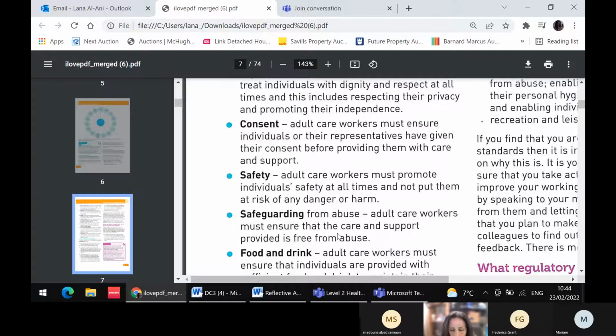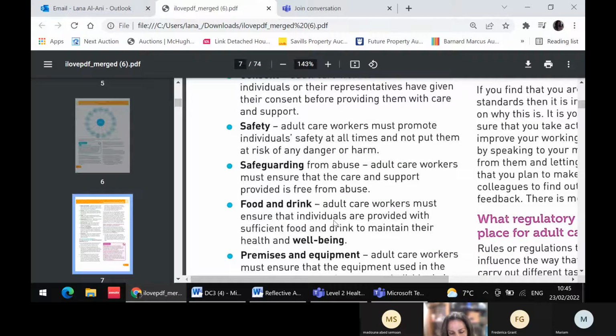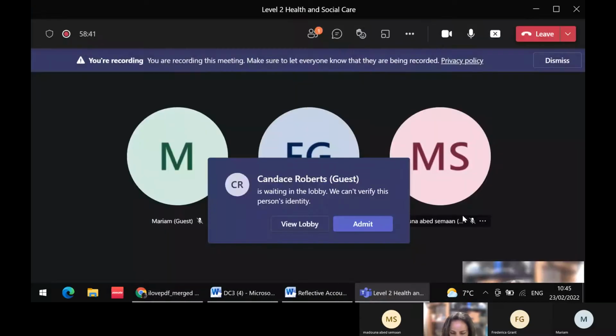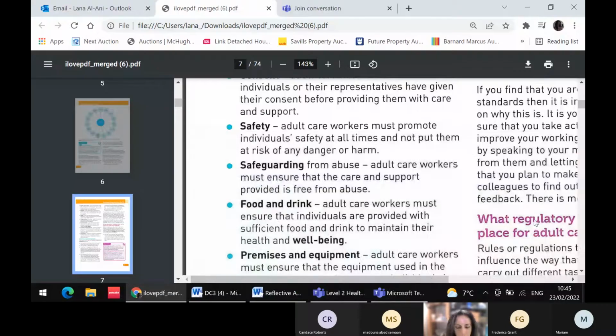Also, you need to keep your clients safe at all times and not put them at any risk or danger. Also, you need to safeguard them from any abuse. If you see any mark of abuse on the person you take care of, you should report it at all times.